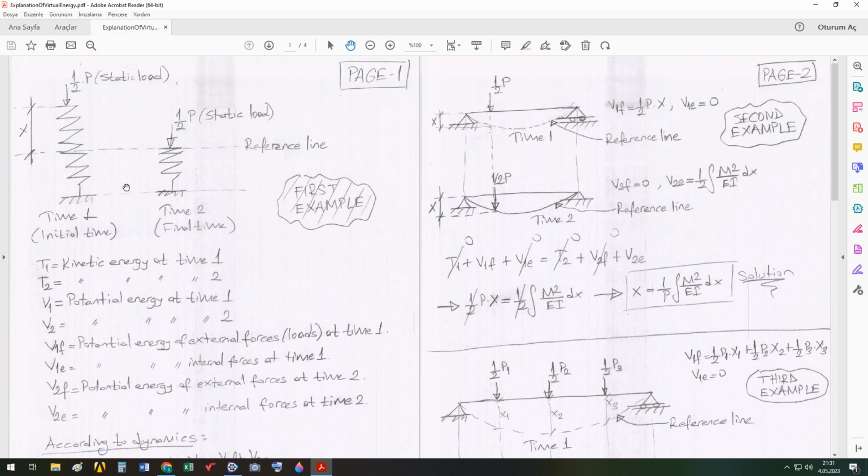But here in this example, we select the initial time and the final time. So time 1 is the initial time and time 2 is the final time. T1 is the kinetic energy at time 1 and T2 is the kinetic energy at time 2. V1 is the potential energy at time 1 and V2 is the potential energy at time 2.